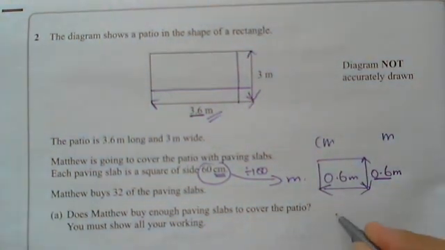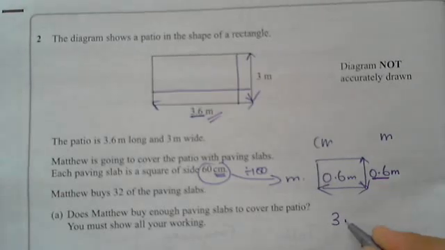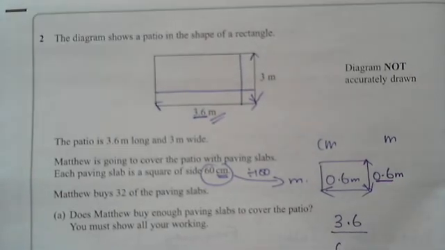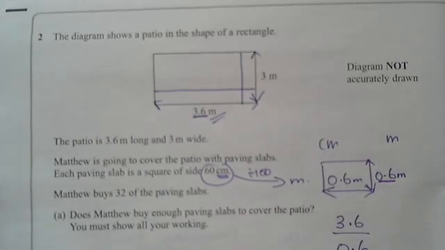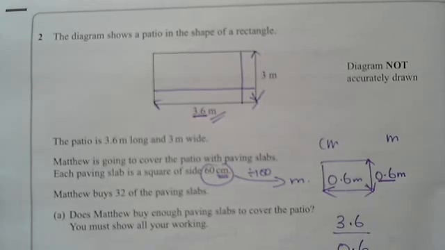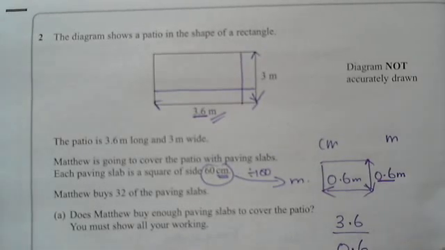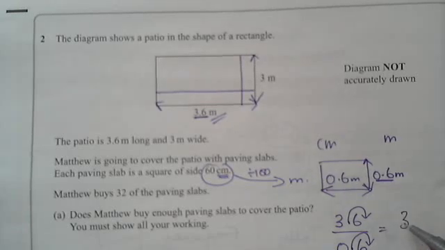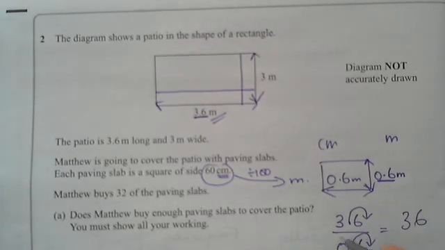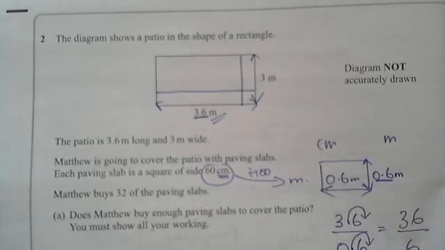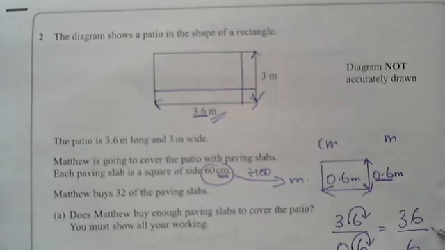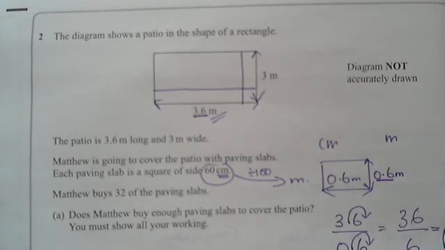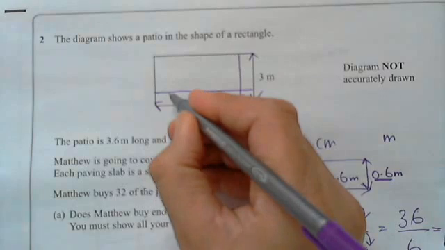So if we do 3.6 divided by 0.6, we can do the division quickly. We times this one by 10, times this one by 10, so it converts it from a decimal on the bottom to a nice whole number. So you have 36 divided by 6, and that gives you 6.